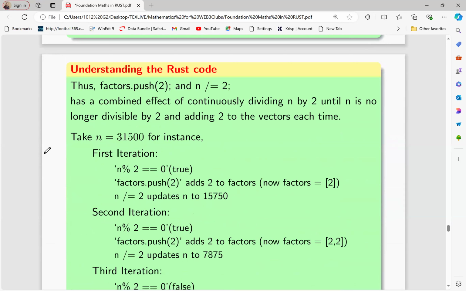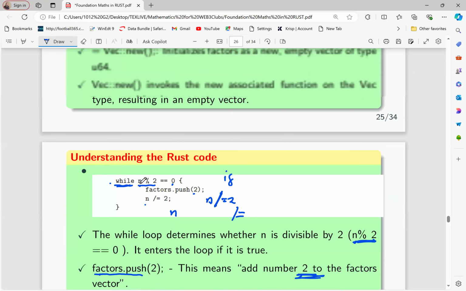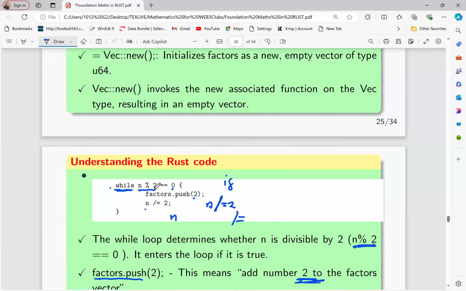Now we go to where you have this first condition, while n divided by 2 equals 0, then we want to see how this part of the code will be working.